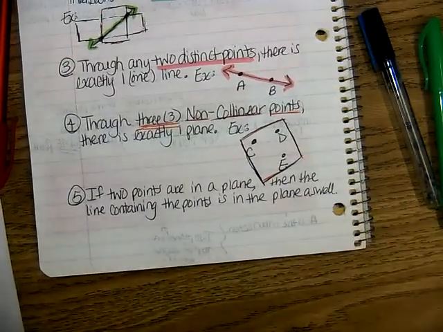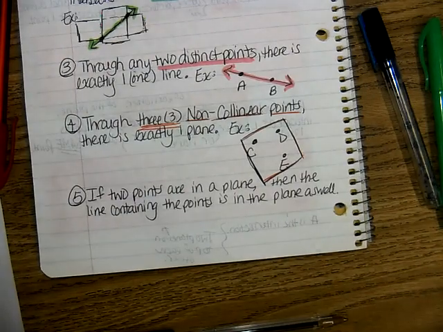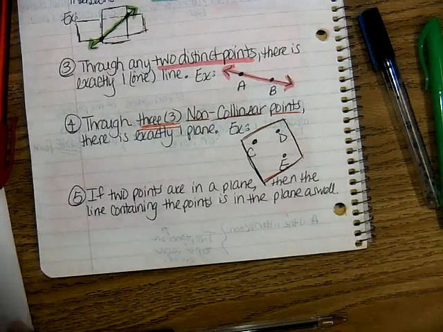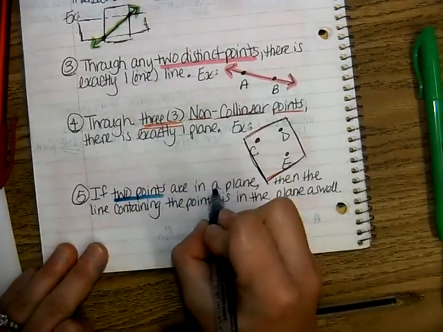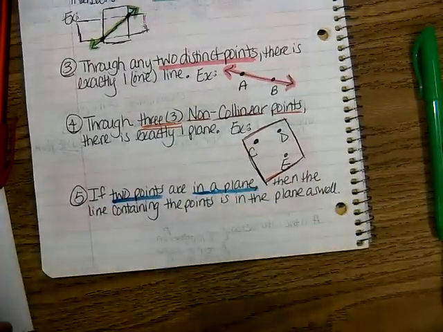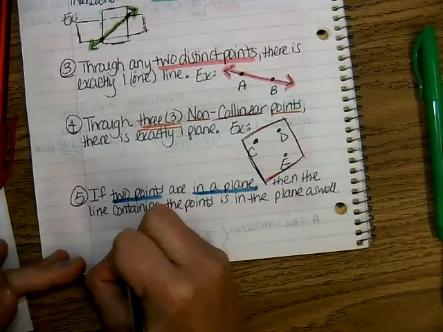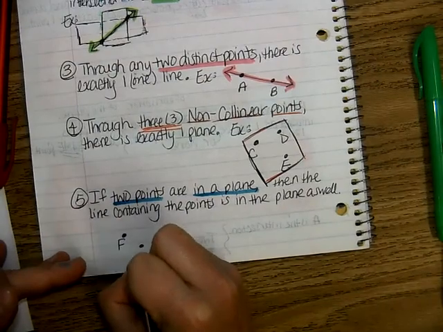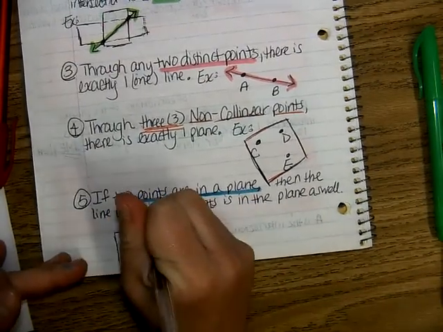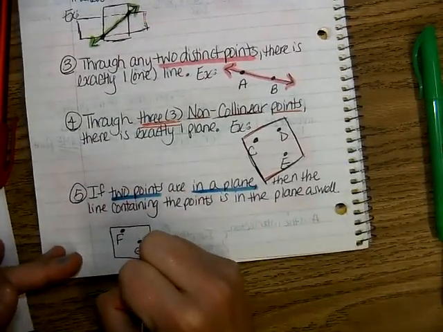So what that looks like, or what that means, is if we have 2 points that are in a plane. So let's go ahead and draw that. I'm going to have 2 points. We'll call them F and G. These 2 points are located inside of a plane.